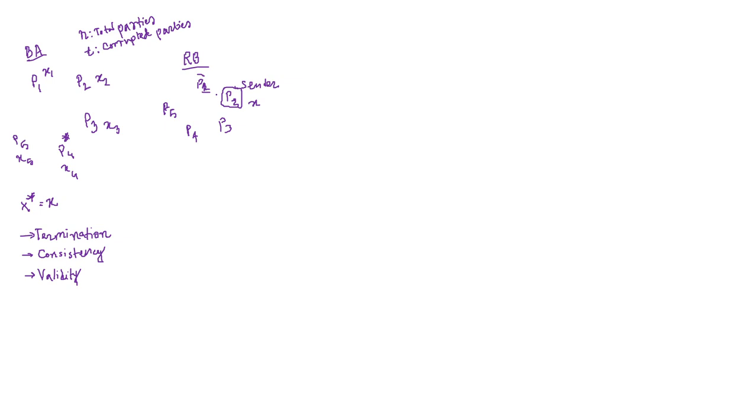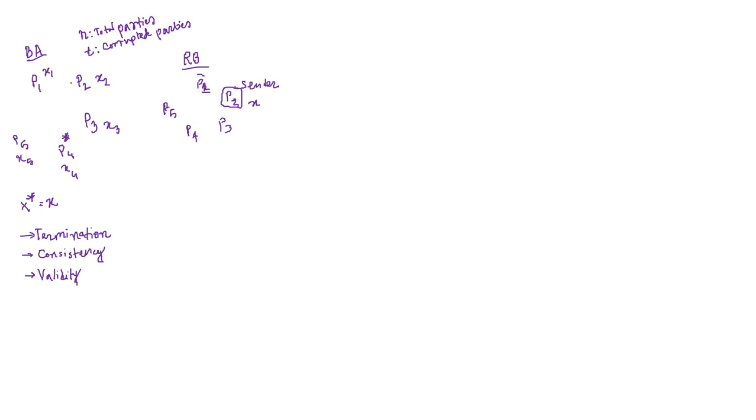Just like BA, in BA we said that if all the honest parties are starting with the same input value, then at the end of the protocol the common output that they agree upon will be that common input value only. Otherwise it will be consistent.